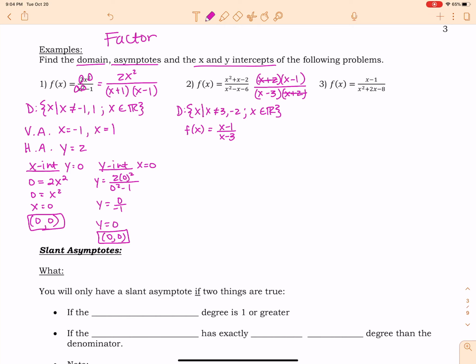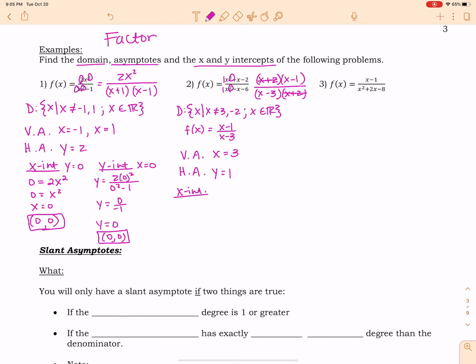Just trust me. Okay, so once we get that done, now I can define my vertical asymptote at x equals 3. My horizontal asymptote, let's look at the degree. The degree is 2 here and 2 here, lead coefficient 1, lead coefficient 1. So y equals 1.